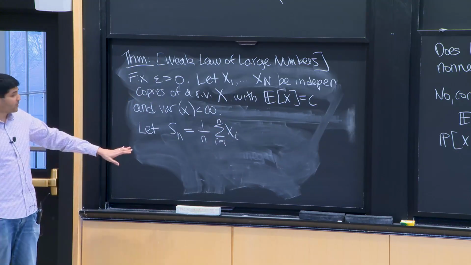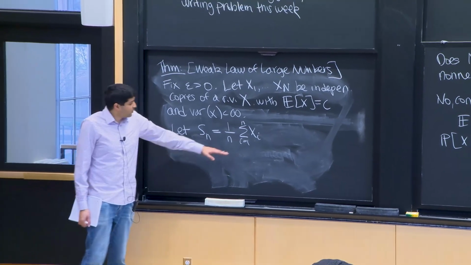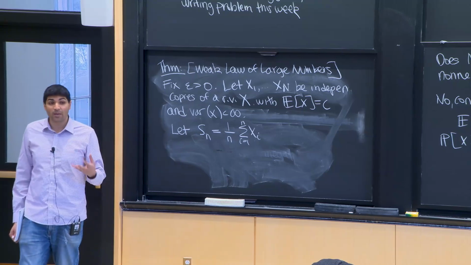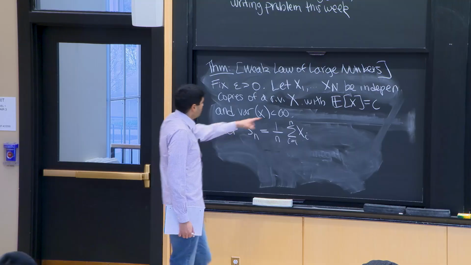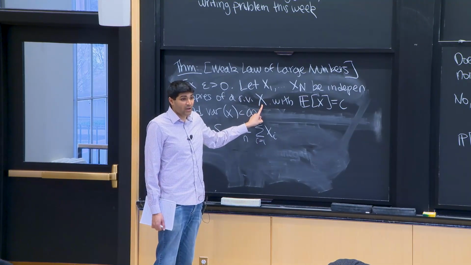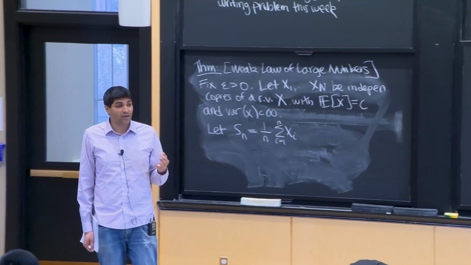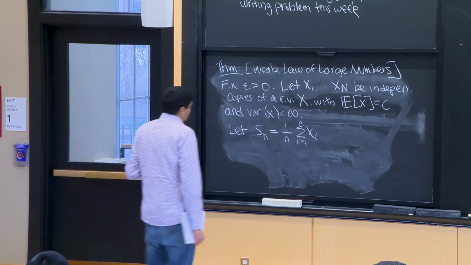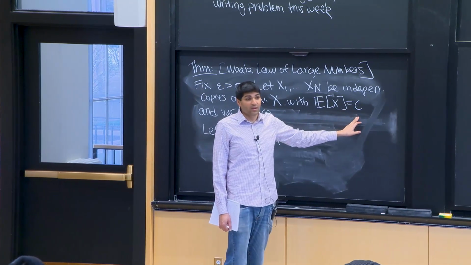So, just to make sure that we're on the same page, let's keep some mental model of this in mind. One of the most important applications of the weak law of large numbers is to something like polling. So maybe you have some random variable, which is the probability that a random person selected from the electorate votes for candidate A over candidate B. Now you want to know the expectation of X because you want to know who's going to win the election.